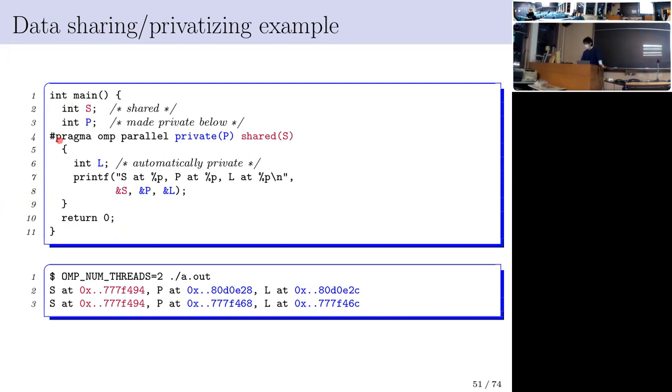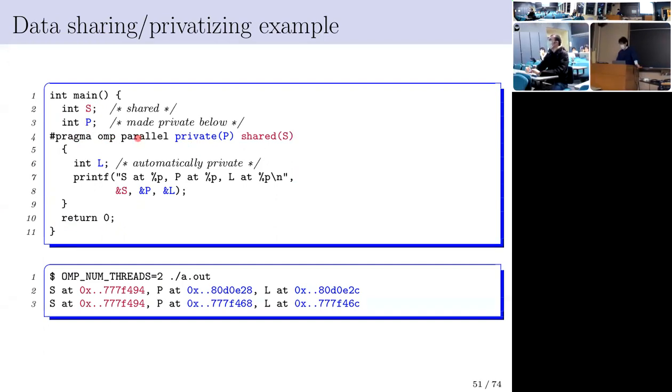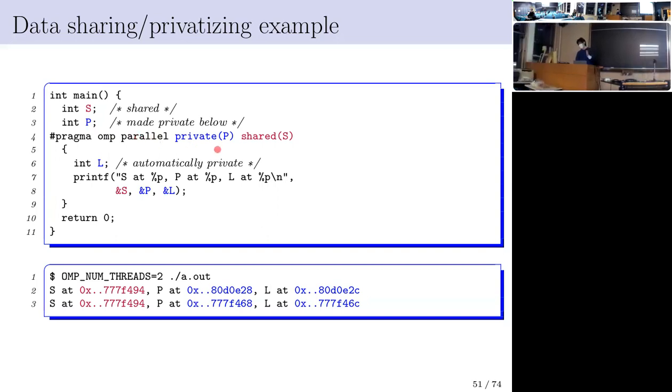Syntactically, it looks like this. For example, you have omp parallel, and in this parallel pragma, you can specify that this variable P is private, and this variable S is shared. Actually, shared(S) doesn't do anything significant because this is the default, but just for the sake of clarity, I'm specifying shared(S).